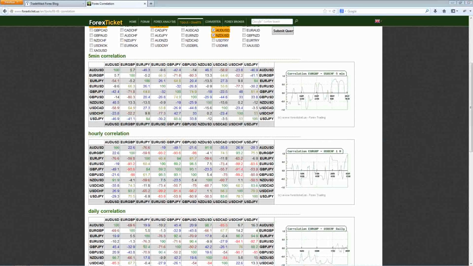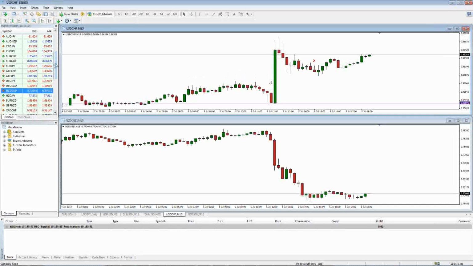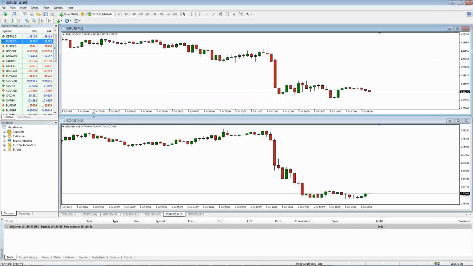Okay, so let me switch over to the chart again here. We're going to look at euro dollar, and we're going to look at that against the euro pound.